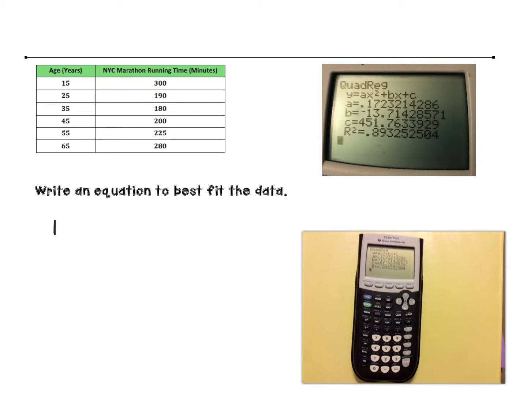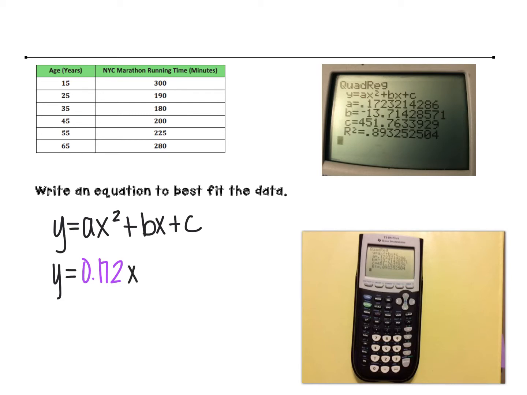So we're going to use that form y equals ax squared plus bx plus c, which should be familiar from your quadratic work in Algebra 1. So we are going to say y equals, and I would suggest that you round to 3 decimal places if it doesn't tell you otherwise. So we're going to say 0.172 x squared and then we're going to say minus, because it's negative.